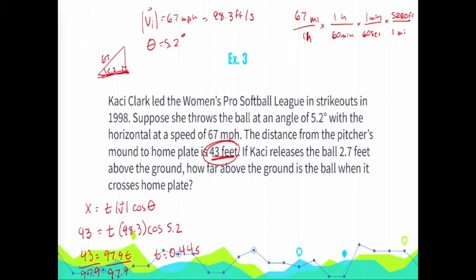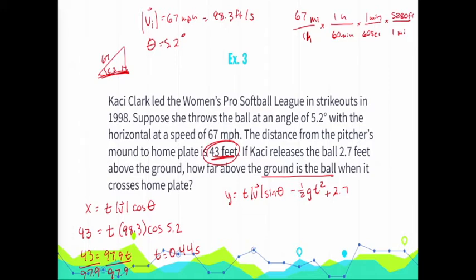So 0.44 seconds. Now what we want is how far above the ground. We're going to use that y equation. Y equals t v sine theta minus 1/2 g t squared. But we're going to add 2.7 because we're not starting on the ground. We're starting 2.7 feet above the ground.